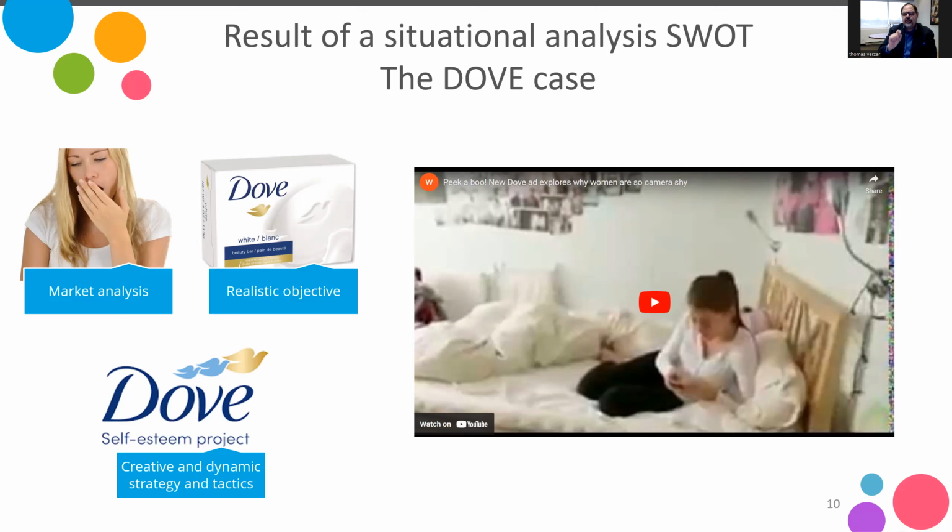The challenge for Dove was to identify which of those values were really pertinent for women in their 20s. The one that was the most offensive to women was the way that women were portrayed in advertising, in a way that is physically unattainable for most women, through photoshopping and what have you.